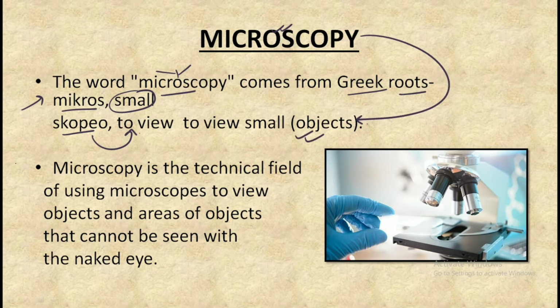So we can say that microscopy is the technical field of using microscopes to view objects and the areas of the objects that cannot be seen with the naked eyes.